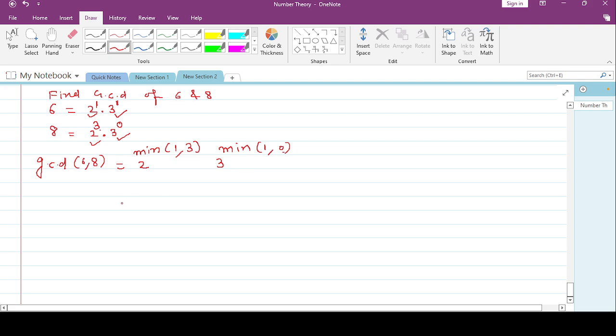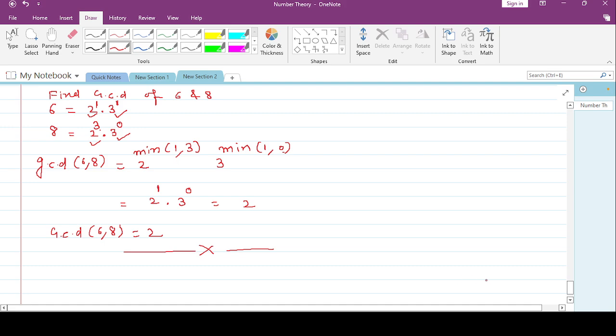So it is 2 raised to the power, out of 1 and 3, which one is minimum? 1 is minimum. And for the next case, only 0 is minimum. So 3 raised to the power 0 is equal to 1. So what is the answer? Answer is 2. It means that the GCD of 6 and 8 is just equal to 2. I feel you people have understood this thing.